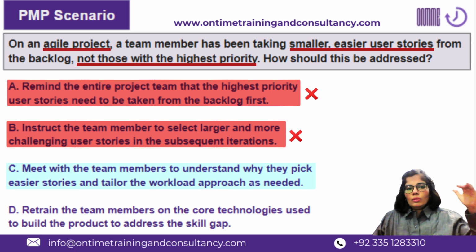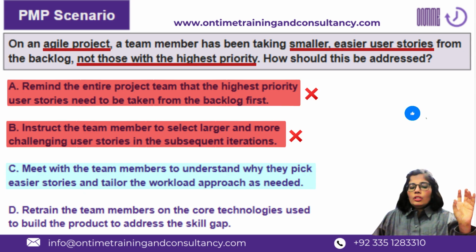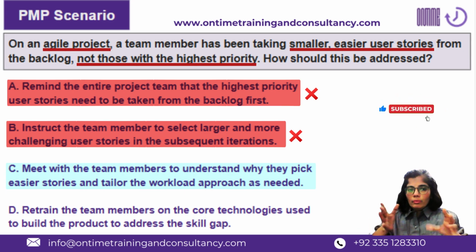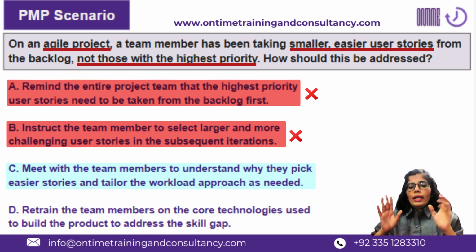So as the project manager or as the agile practitioner or in whichever capacity you are addressing the situation, even as a team member who is helping or mentoring and coaching this team member who is struggling with this situation, you are expected to help your team member by meeting him, first of all, ideally in person or could be virtually as well, and to have a dialogue with him, to interview him, to have that heart-to-heart conversation with him, so that he would help you understand what is really bothering him and why he is picking the easier stories, right?